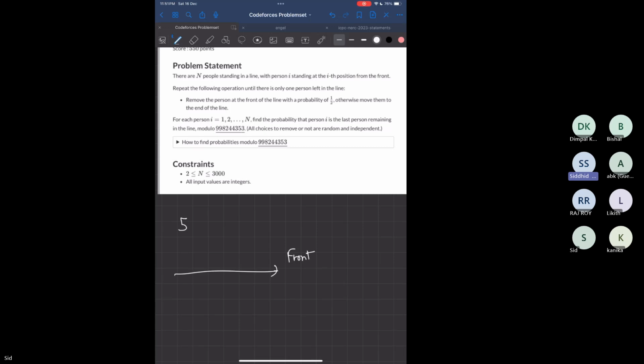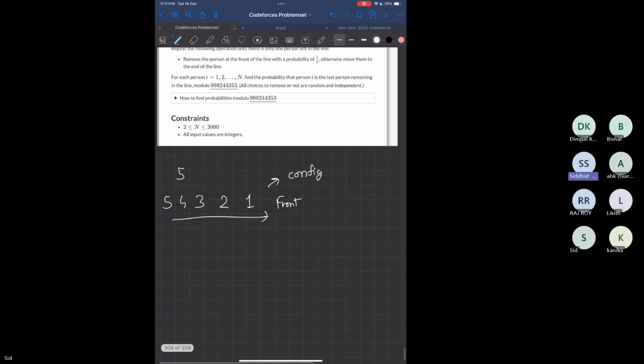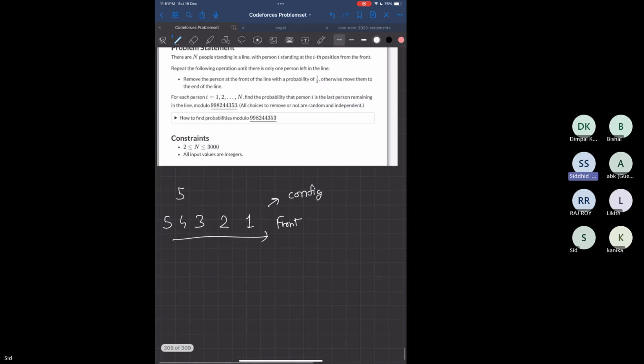So what we are given is the ith person is at the ith position from the front. So basically 1, 2, 3, 4 and 5. This is our initial configuration, or line. Let's say a config. So what can happen? Repeat the following operation until there is one person left in the line. Remove the person at the front of the line, basically him.